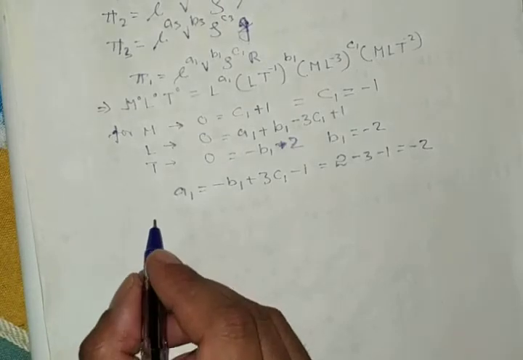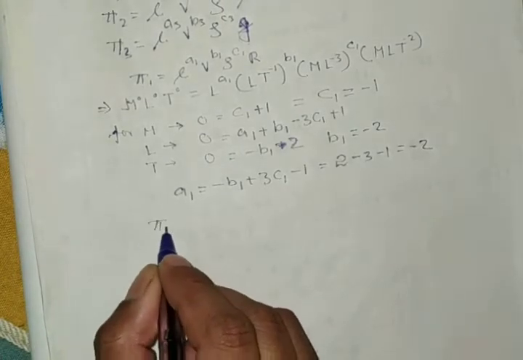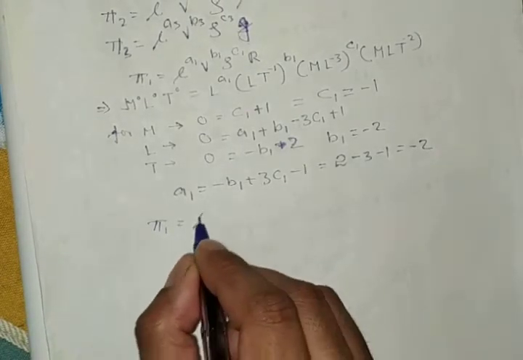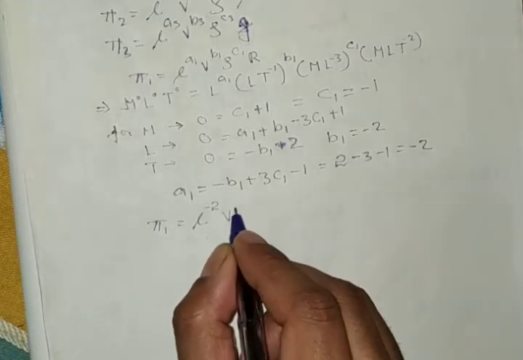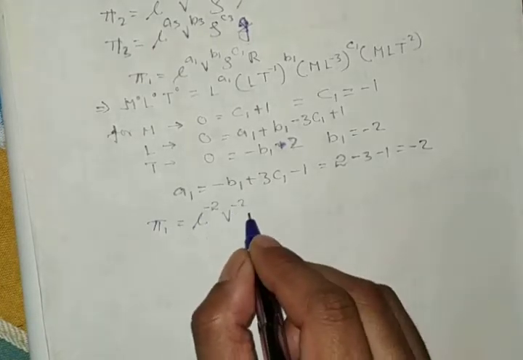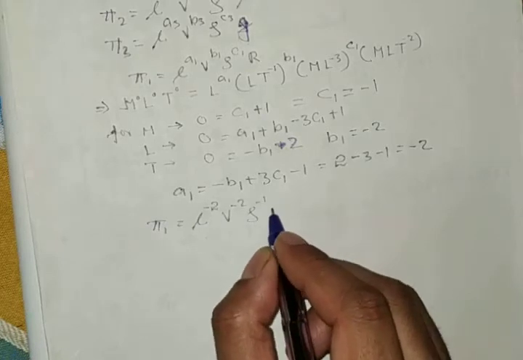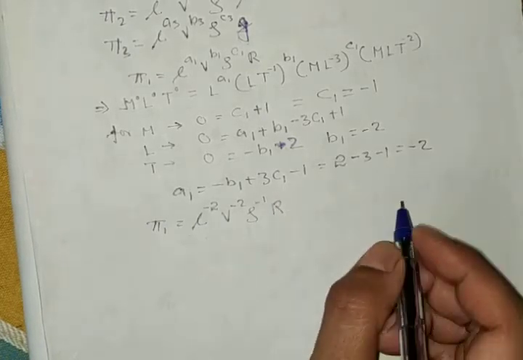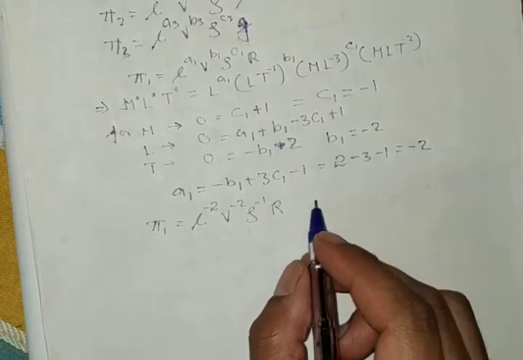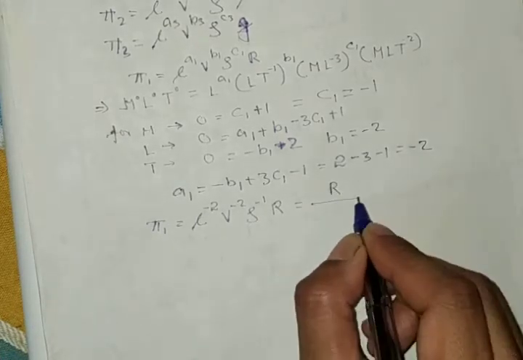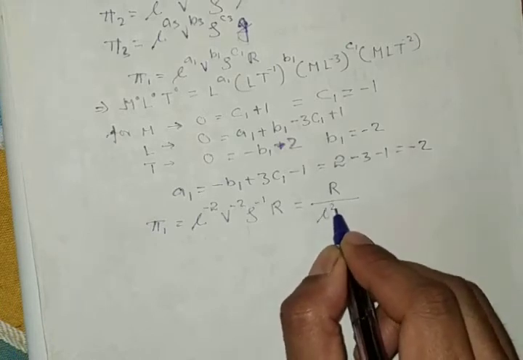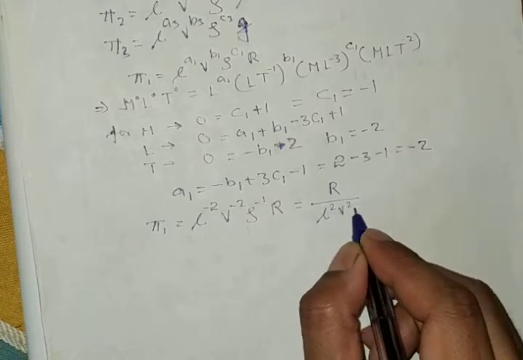So let's write pi 1 is equal to L^-2 V^-2 rho^-1 and R is 1. So you can rewrite it this way: R divided by L squared V squared rho.